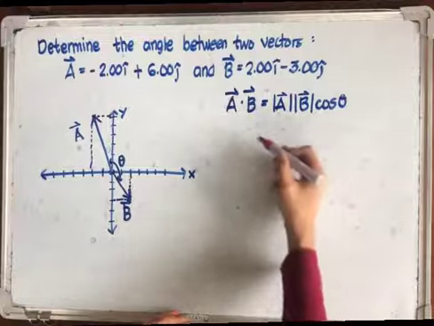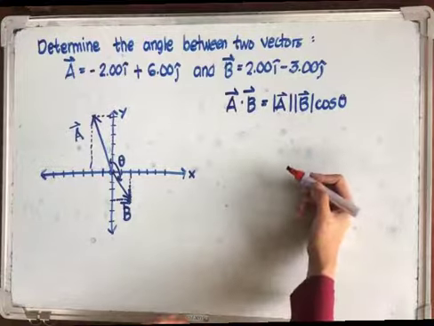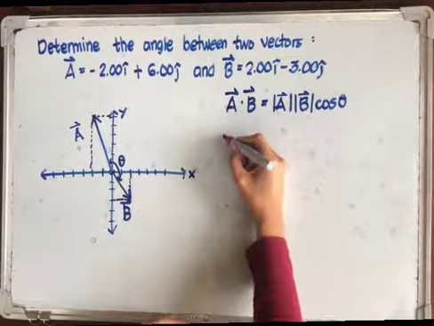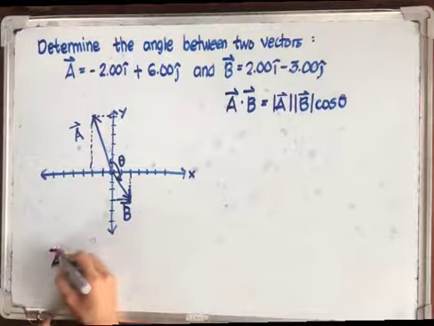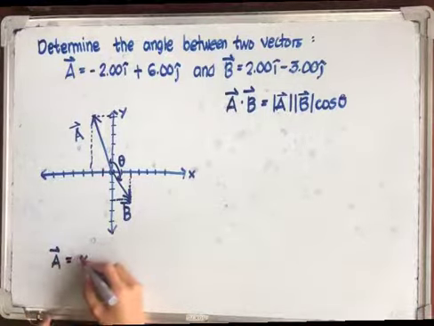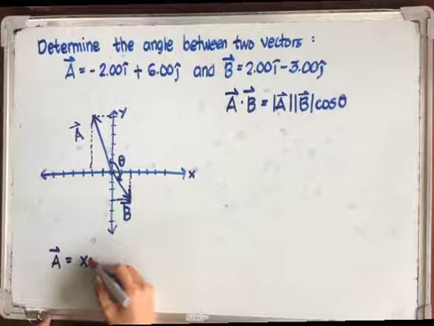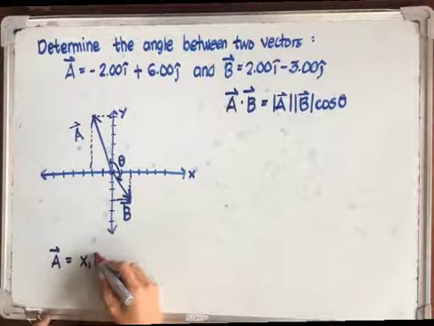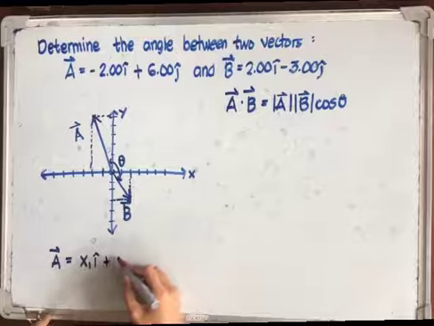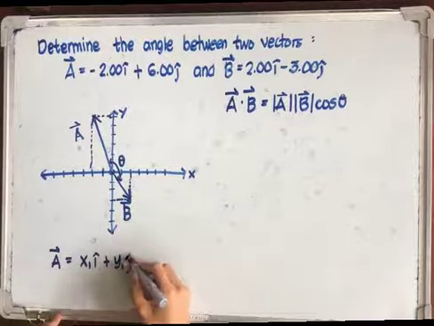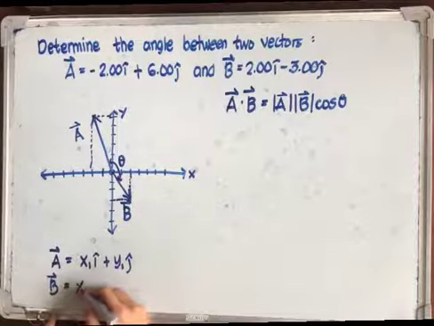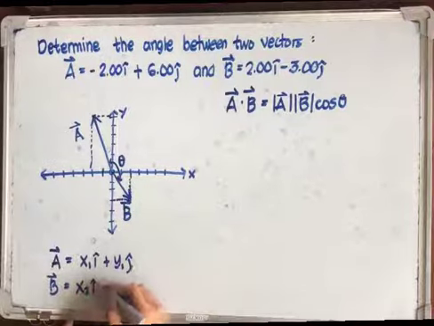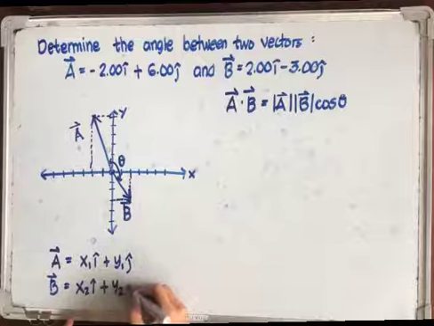So pag sinabi nating dot product, halimbawa, meron tayong arbitrary dito na vectors. A, that is represented by x1 i hat plus y1 j hat, tapos meron tayong vector B dito, and this is x2 i hat plus y2 j hat.